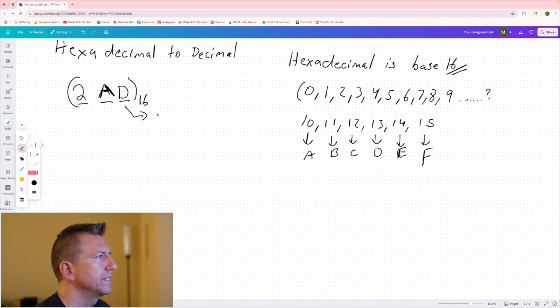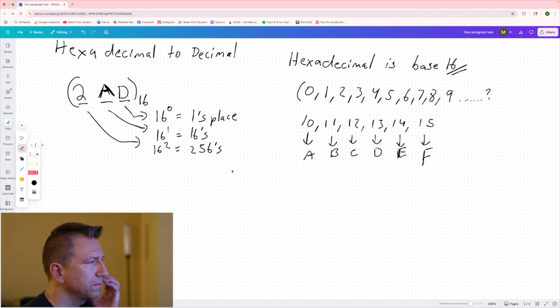So by our previous methods, we know that this is going to be 16 to the 0, which is the ones place. And then this one's going to be 16 to the 1, which is the 16s place. And then this one here is going to be 16 squared, which is the 256s place. Okay, so we have 1s, 16s, and 256s.